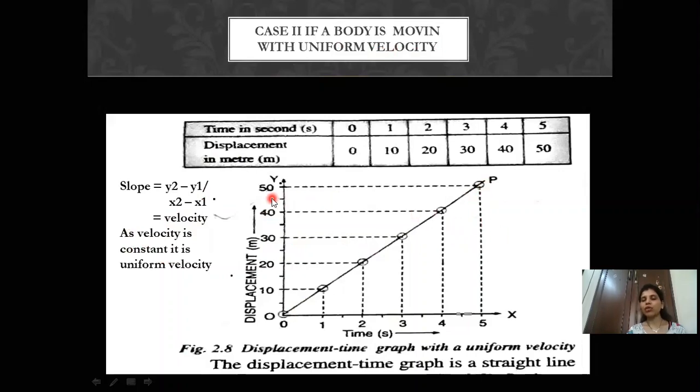Considering this extreme point and this point, 50 minus 0, that is 50, upon 5 minus 0, is 5. So 50 upon 5 is 10. So from this graph you are getting the constant velocity as 10 meter per second.